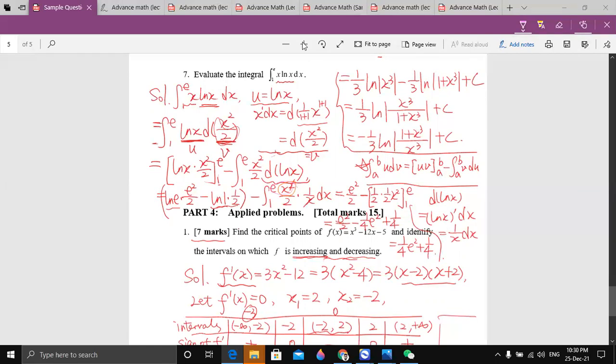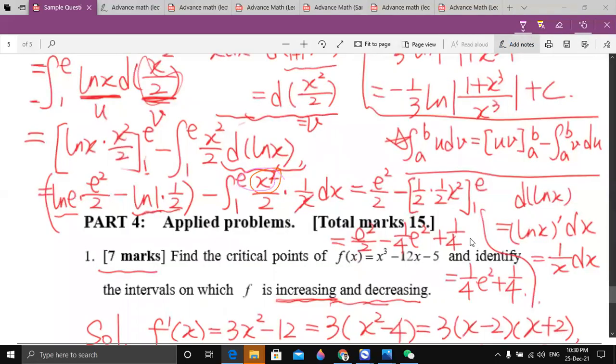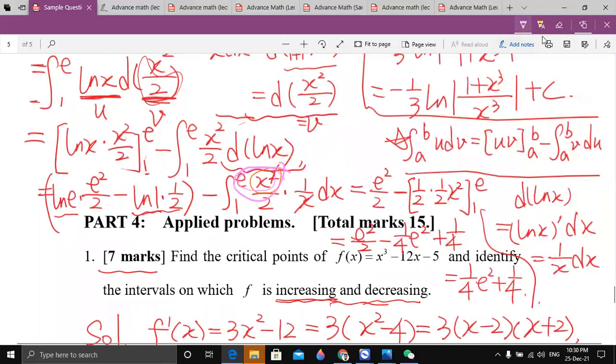I have to zoom in. So guys, can you see Laoshi cancel x from here? But how does she get x square? How come if we cancel one x here, we get another half x squared again? It doesn't make sense.